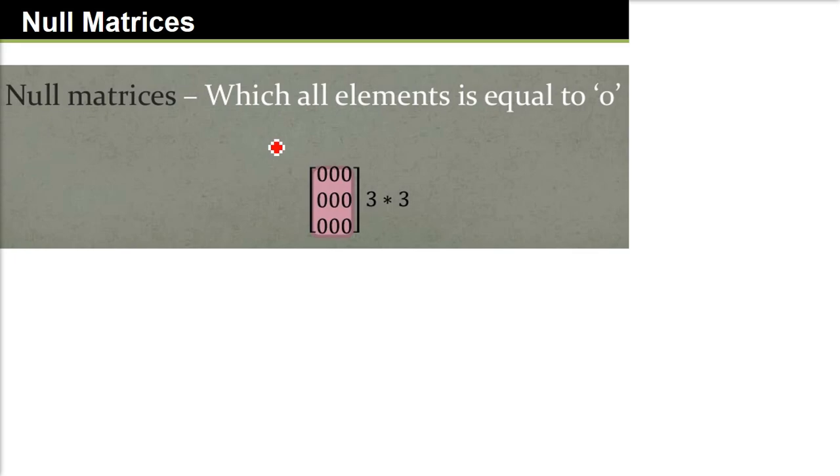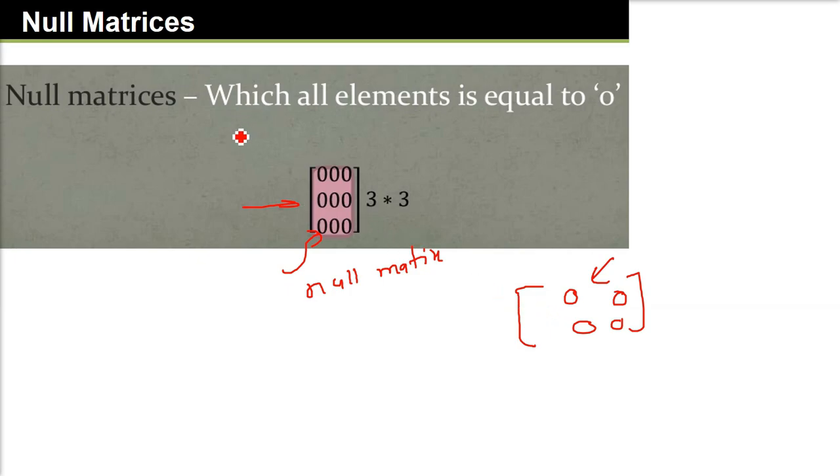For example, if you have a matrix, just put all the values as 0. So all zeros is called a null matrix, and this is a 3 by 3 matrix which I am showing you. Null means nothing, 0. Every row and column intersection cell will have only the value 0.